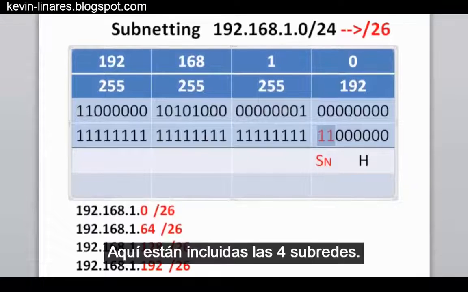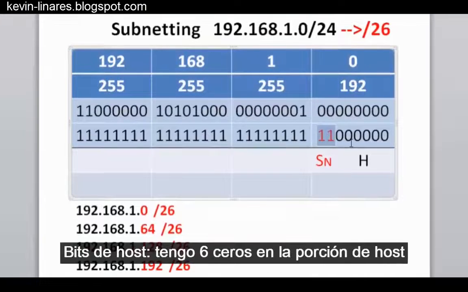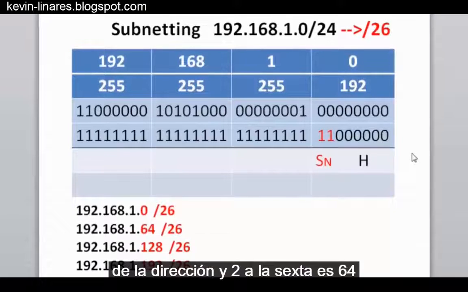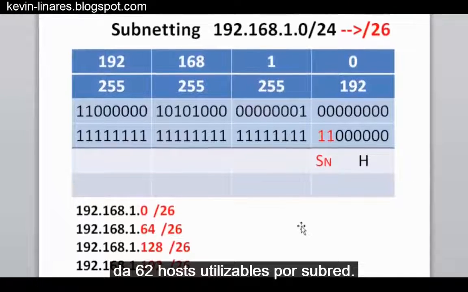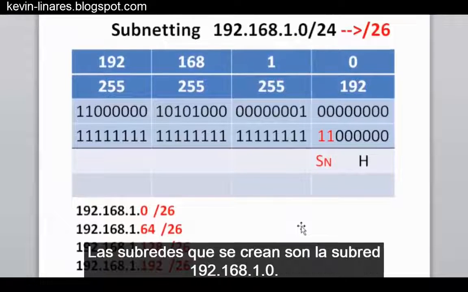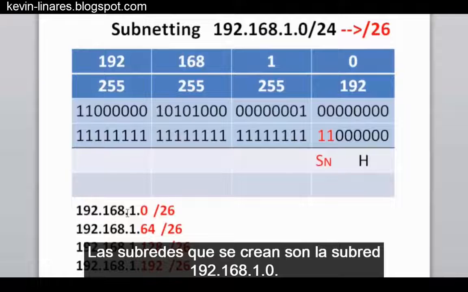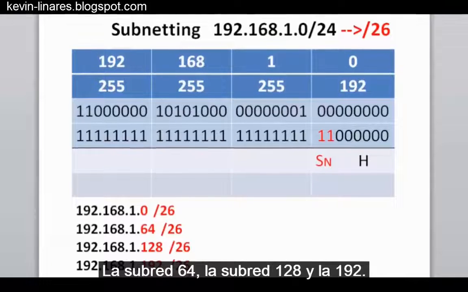For host bits, I have 6 zeros in the host portion, and 2 to the 6th power is 64. Minus 2 makes 62 usable hosts per subnet. The subnetworks created are the 192.168.1.0 subnet, the 64 subnet, the 128 subnet, and the 192 subnet.